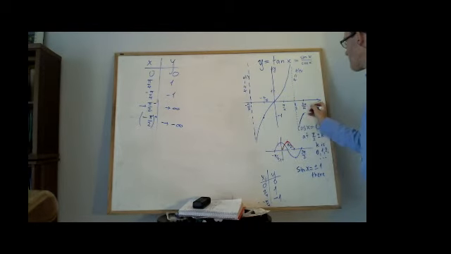So this will be 3 pi over 4. And then when I get to, I'm sorry, this should be pi. The next time that sine goes to 0 is at pi. And for that value, I start repeating now.